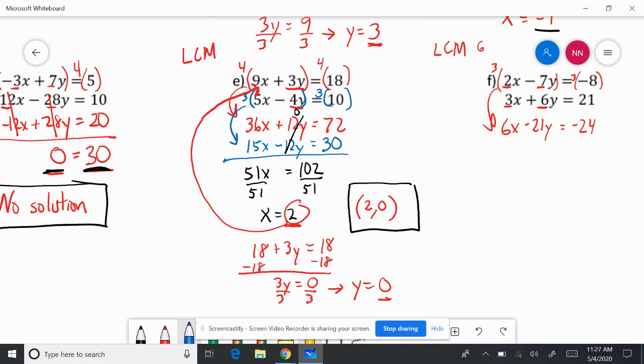For my second equation, I need opposites. If this is a 6, the opposite of a 6 is a negative 6. So I need to multiply this by negative 2. When I multiply by negative 2, I get negative 6x. Notice we have opposites. I get negative 12y, and I get negative 42.